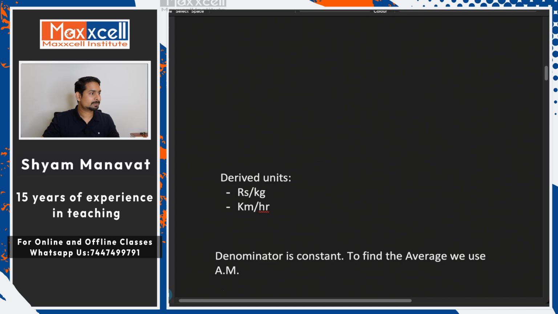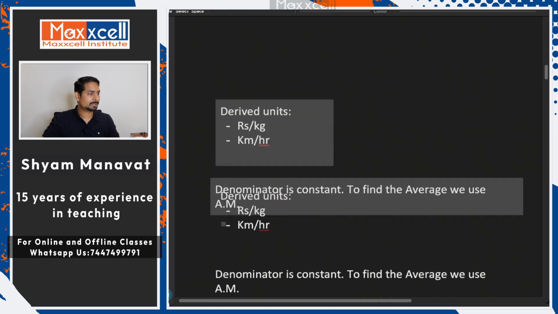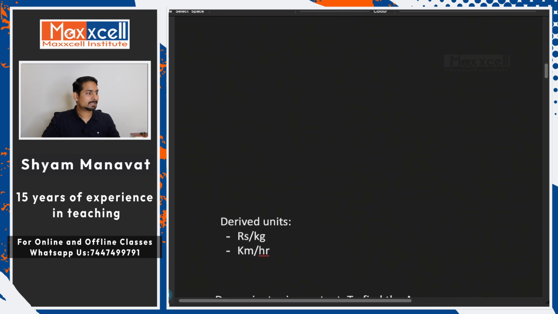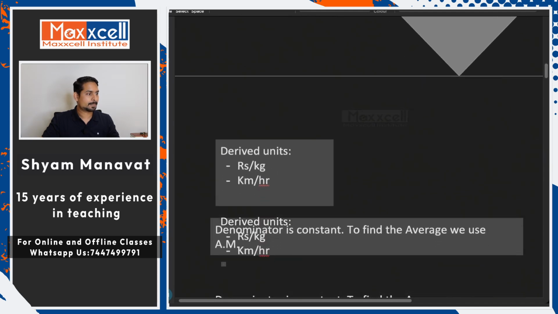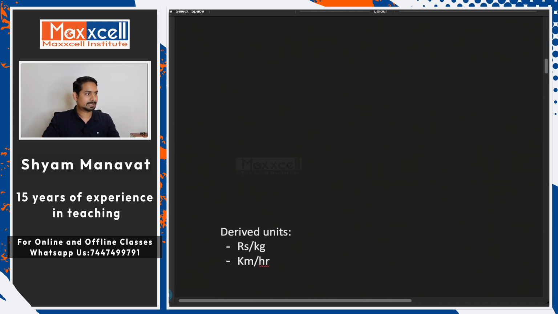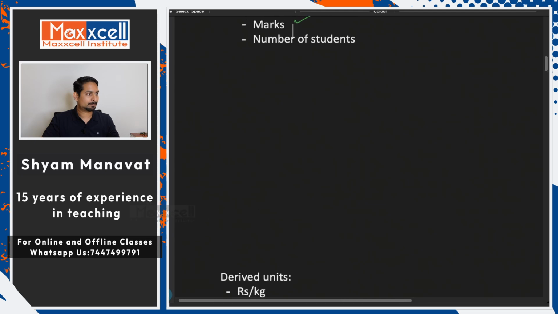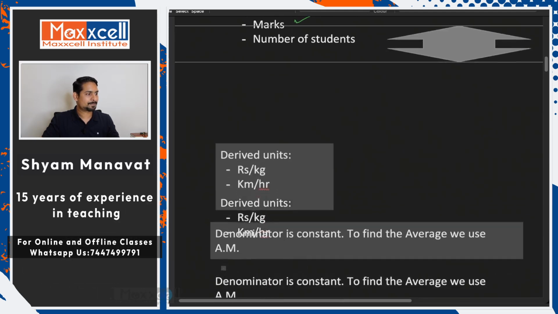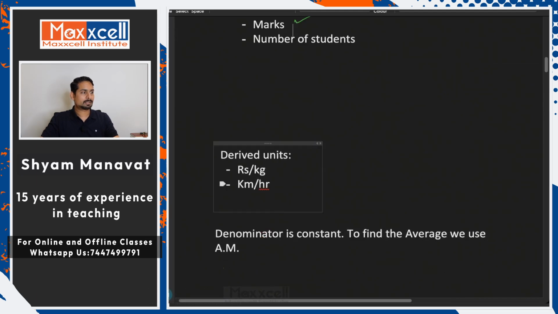you can also see derived units, like price, or kilometer per hour, which is speed. These are called derived units.